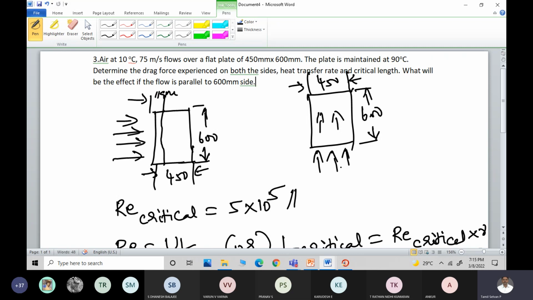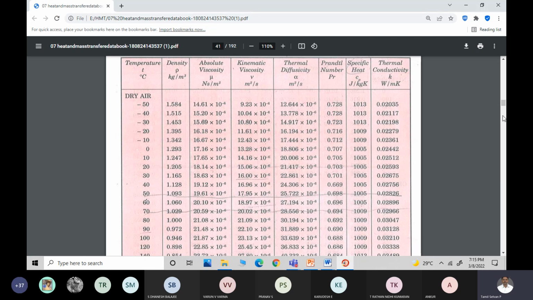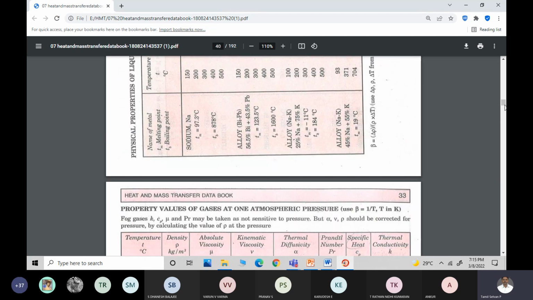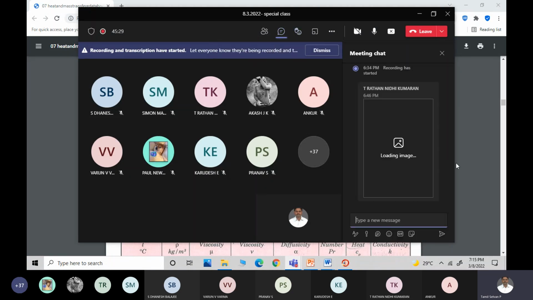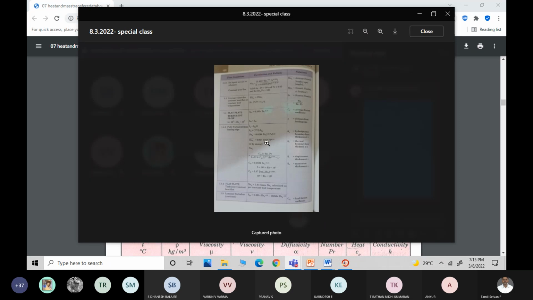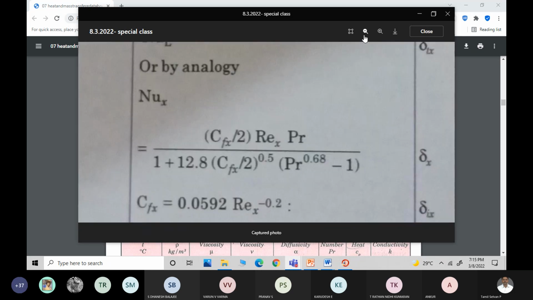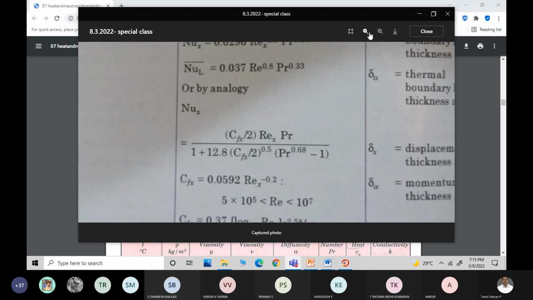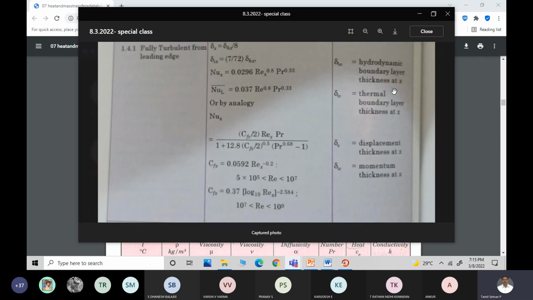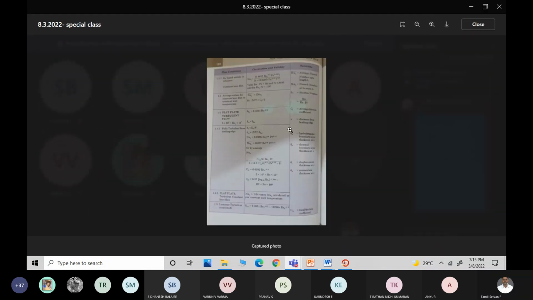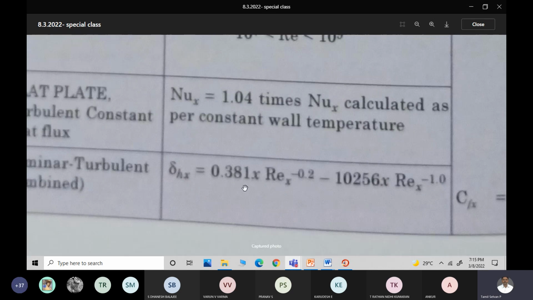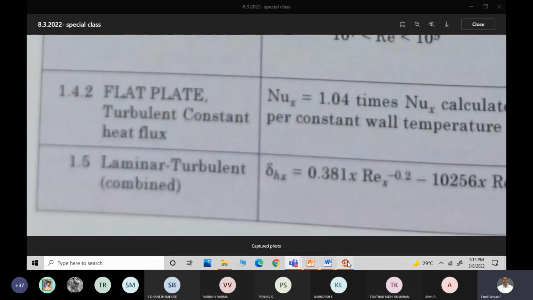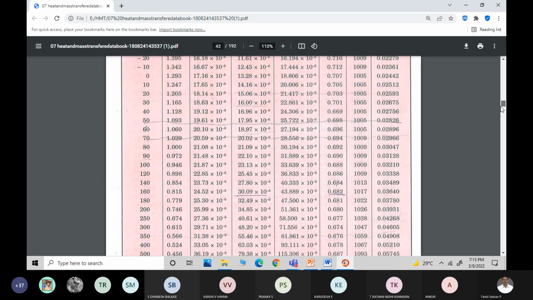So you have to look into the formula for laminar and turbulent combined. This is fully turbulent. For laminar turbulent combined, this is the value. I think I have it in my data book.